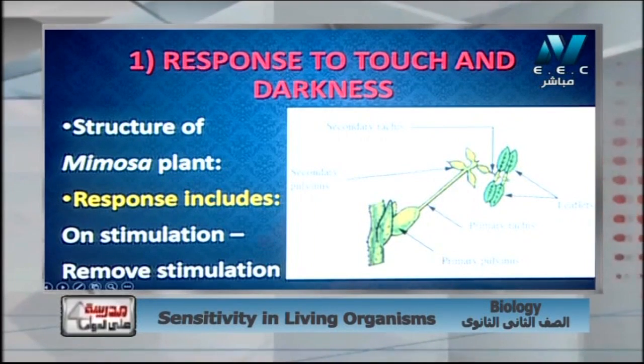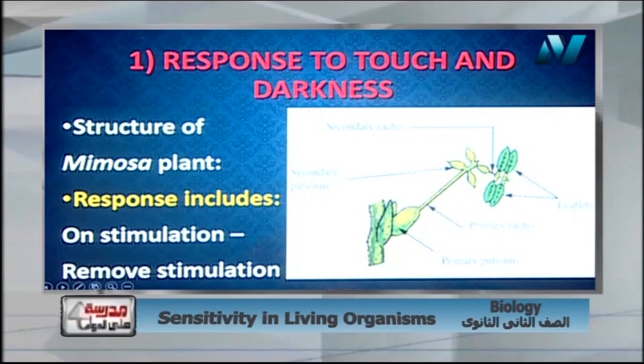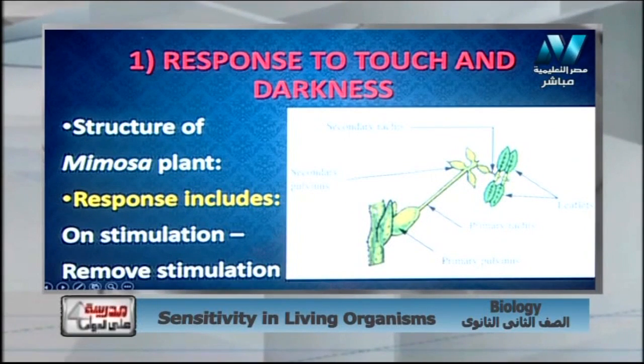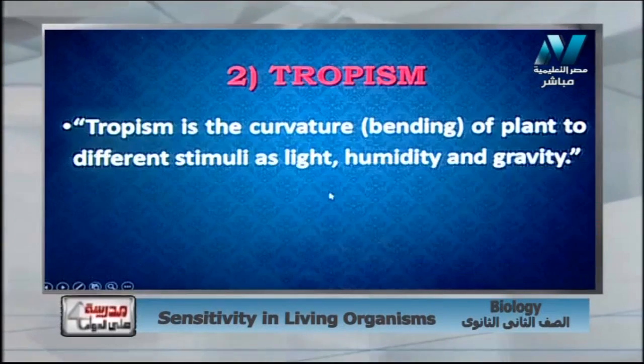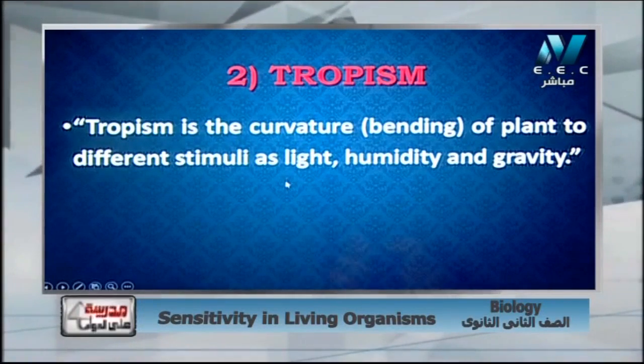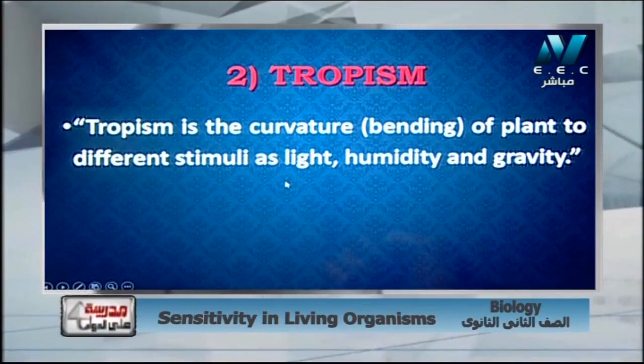And what happens during touch occurs also during darkness. So this is the first type of response in the plant, that is response to touch and darkness. The second type of response of the plant is tropism.